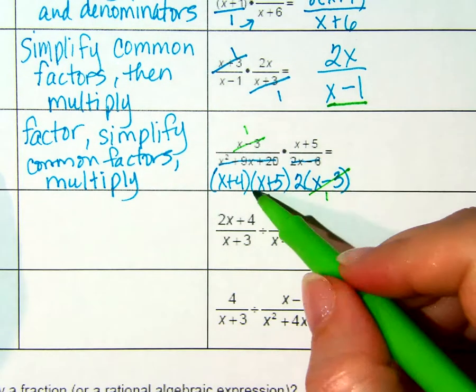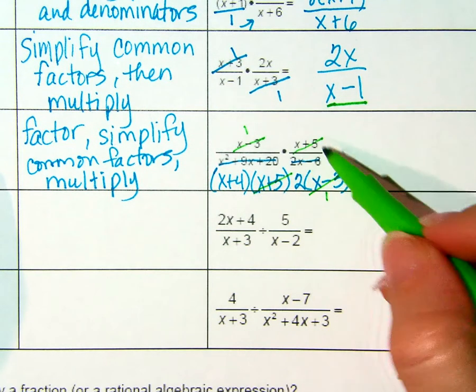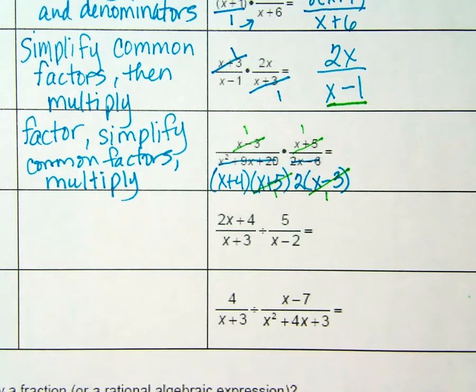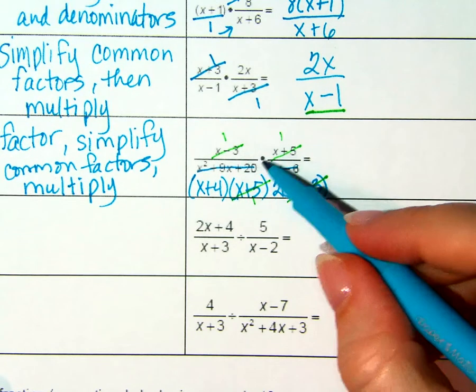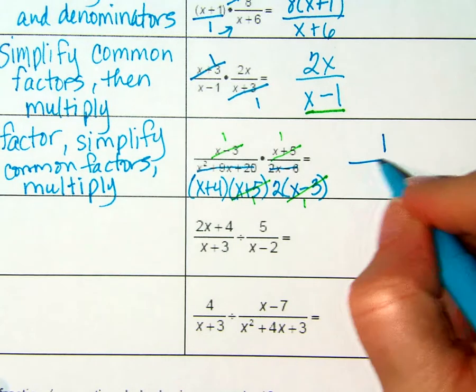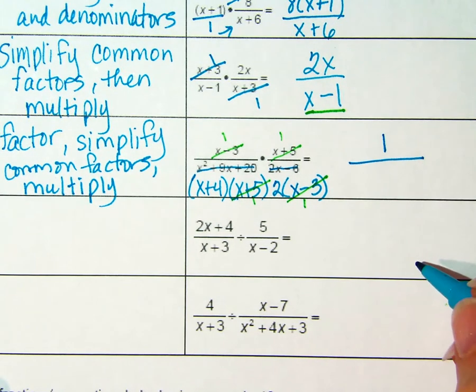Okay. X plus 5 and x plus 5? What does that leave? 1 and 1. So, wait, do we still have a numerator and denominator here? Or since everything canceled out, it's just gone? Oh, I still have a 1. Okay. So, what is 1 times 1? Excellent. 1. Over what? What's left in the denominator?